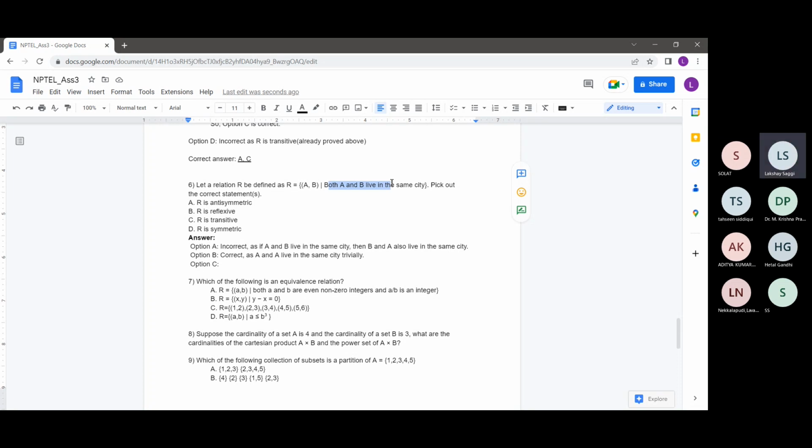So basically A and C are also living in the same city. So then A, C should also be part of this relation R, right?